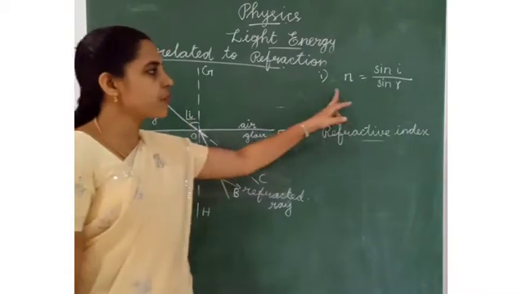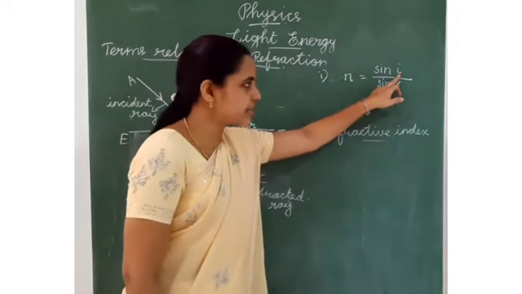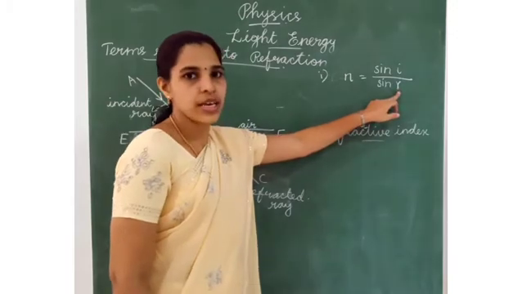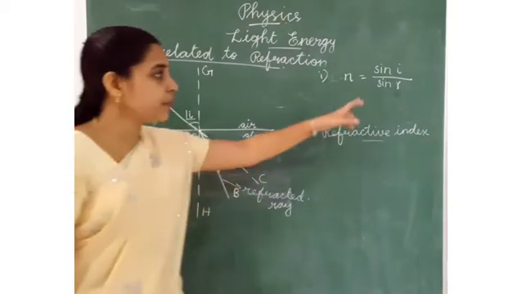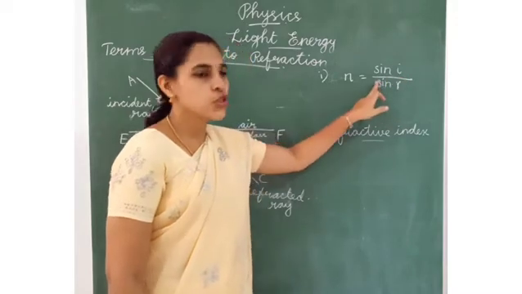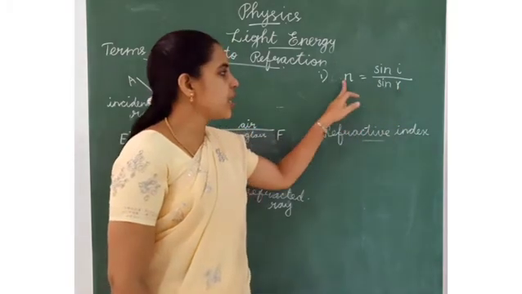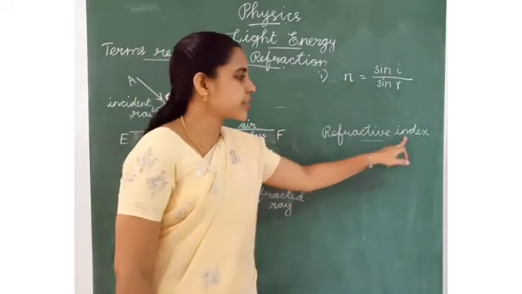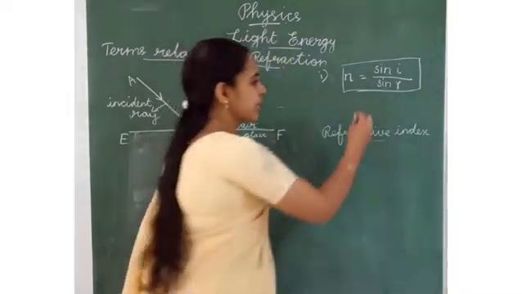This constant ratio is called the refractive index. In higher classes we will study this formula as Snell's law.